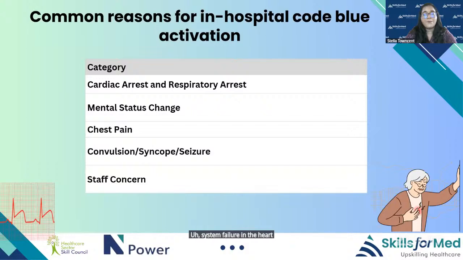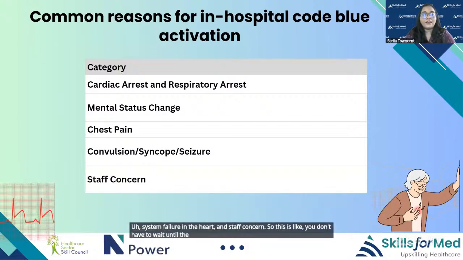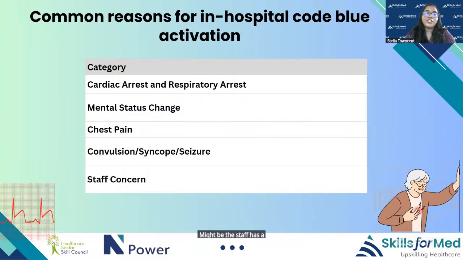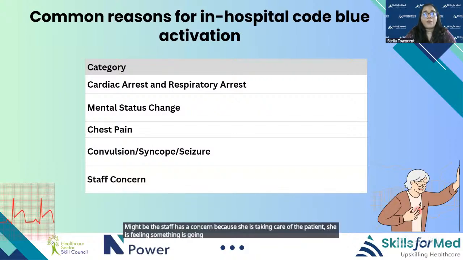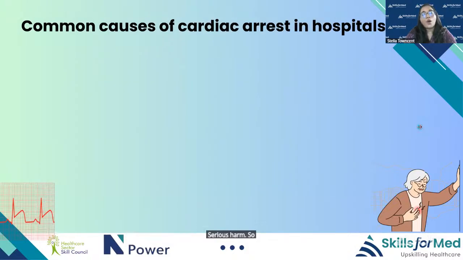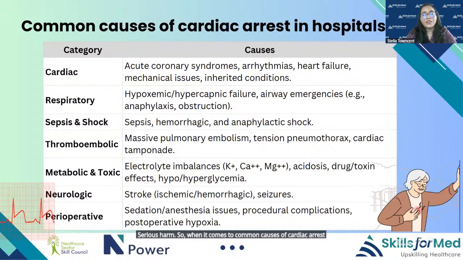And staff concern: you don't have to wait until the patient gets cardiac arrest to alert the code blue. Might be the staff has a concern because she is taking care of the patient and feels something is going wrong. Obviously, she can alert the code blue to improve the patient status and prevent serious harm. So when it comes to common causes of cardiac arrest in the hospital, these are the various categories and causes we have.